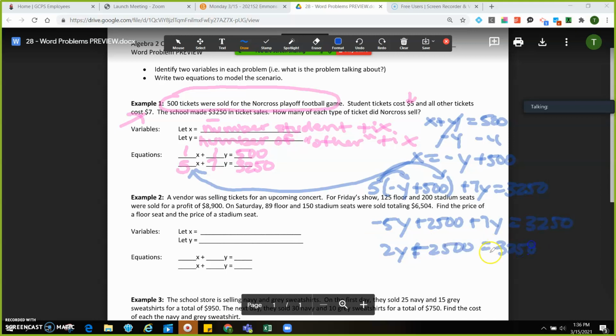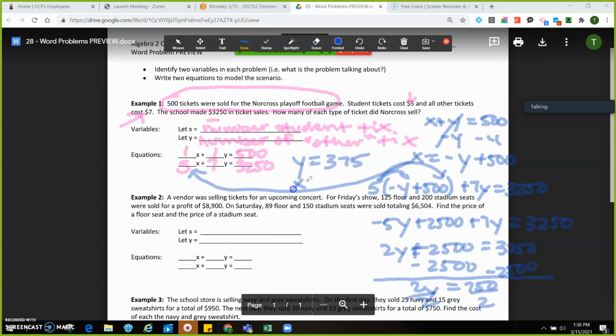Move the 2,500 over to the other side. And so I'm going to get 2y equals, and I could probably do this in my head, but I don't trust myself. Yeah, 750. And then divide by 2. And so that's going to be 375. So y is going to equal 375.